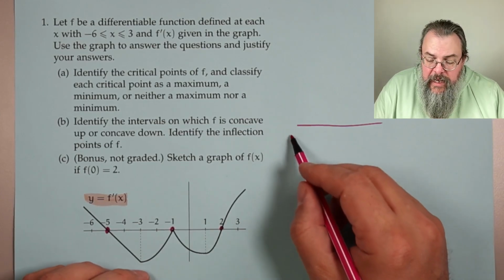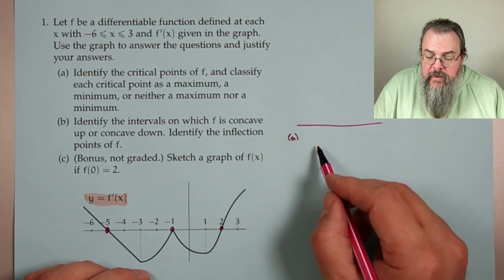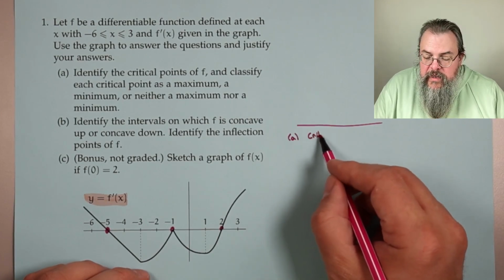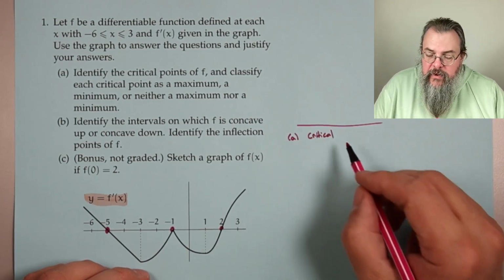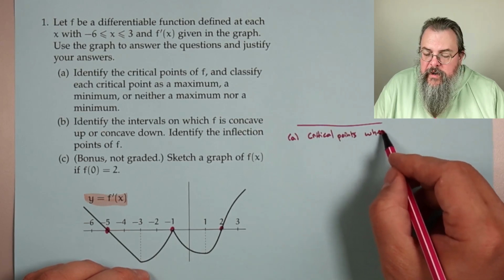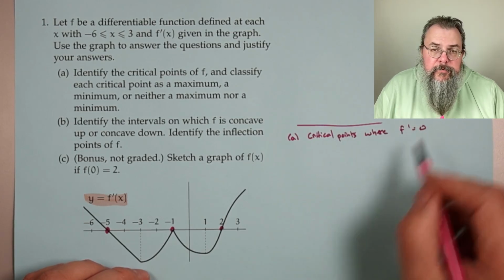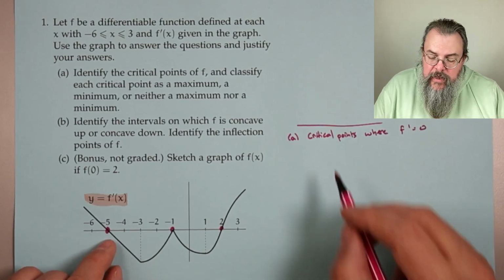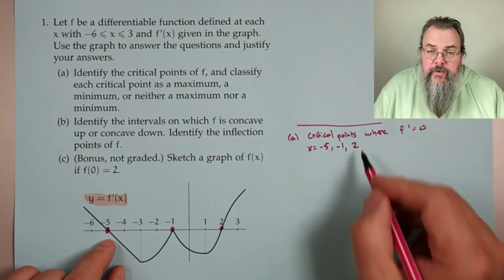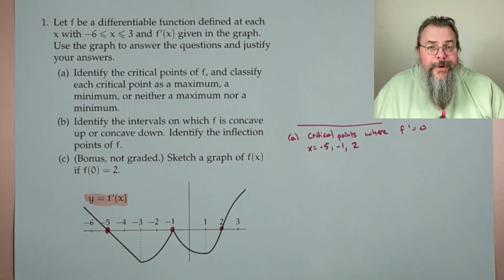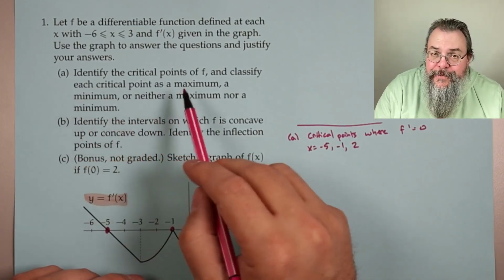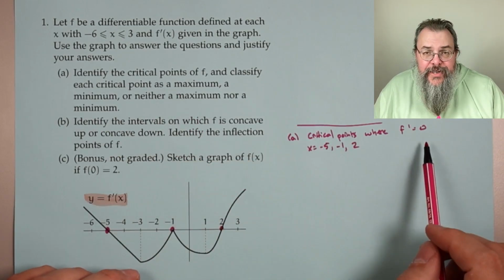So for part A, we're going to say our critical points, and there's a lot of things we could say. Critical points are where f prime equals 0. So they happen at x equals -5, -1, 2. And now we're going to say what kind of critical point. We've identified them, and this is the justification.